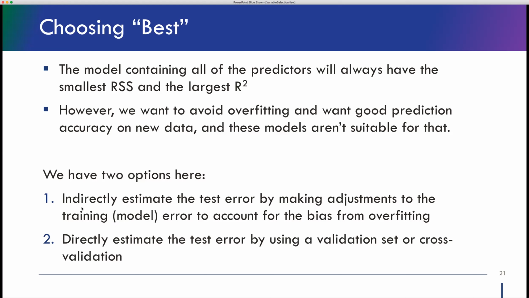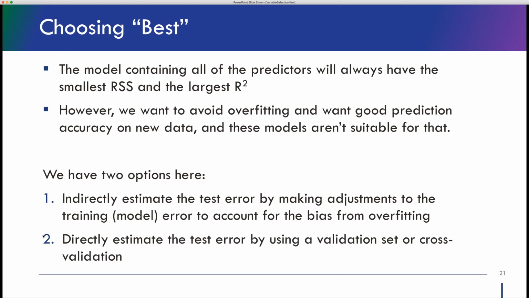We could indirectly estimate the test error by making some adjustments to the training model error, that is, to account for the bias from overfitting. We still evaluate on the training model, but we do some adjustment on it to use that as an estimate for the testing error.